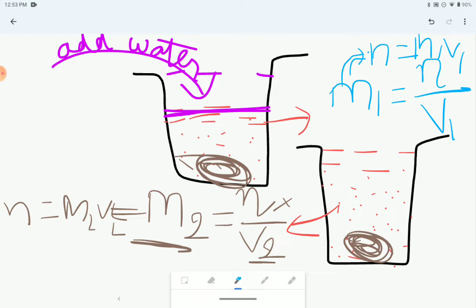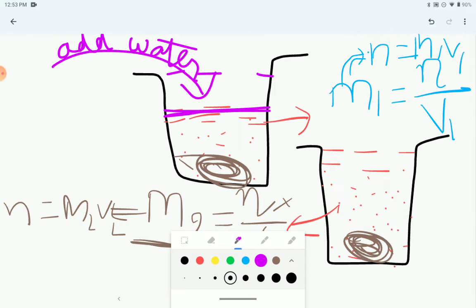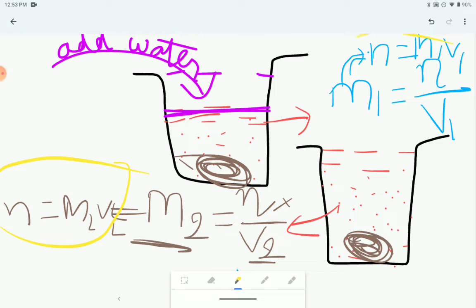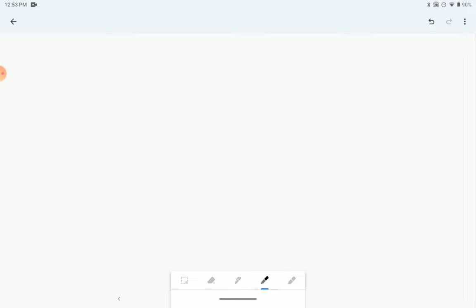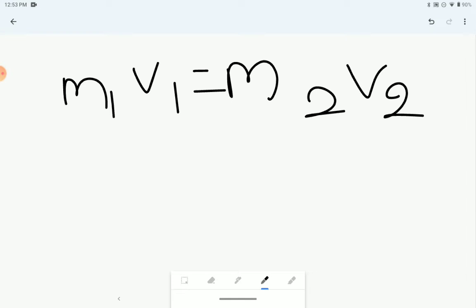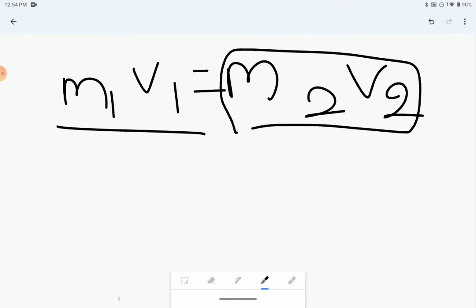Now here n becomes m1 v1. By these two equations, we can equate that m1 v1 is equal to m2 v2, right? That means if we take a beaker and add some water, or if we take two beakers with the same number of moles of solute, and with different masses and volumes, then the product of their mass and volume are equal.